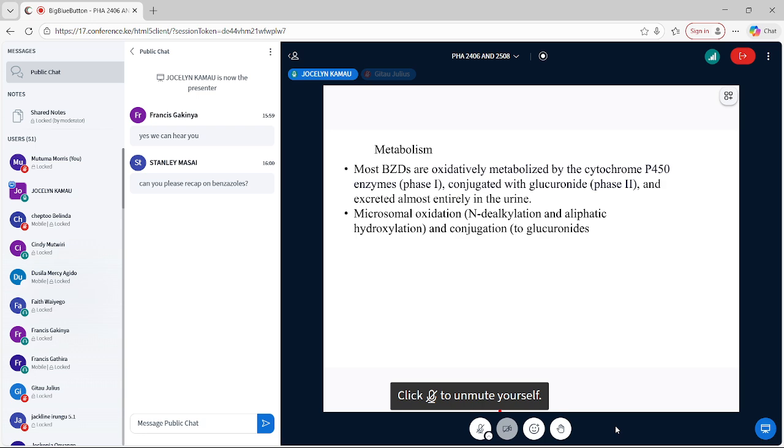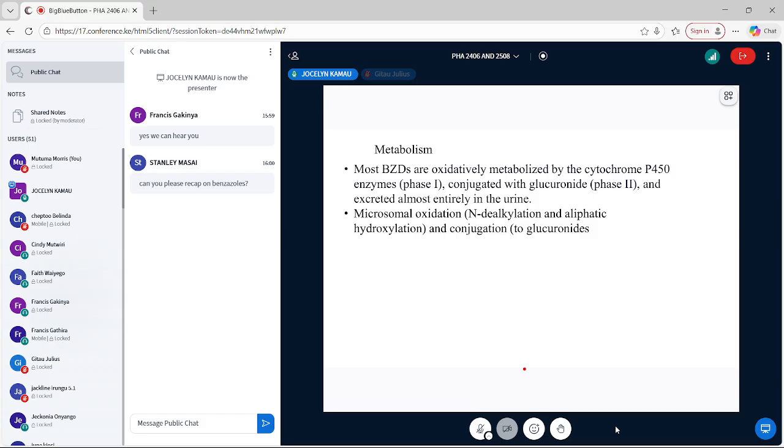Then we did mention, I think, the last one, and the hydroxyl group we have already discussed. So when we look at these benzodiazepines, the metabolic process will determine their duration of activity. And even as I have said, whether they will have a lot of drug-drug interactions, especially for drugs that are metabolized by cytochrome P450 enzymes.